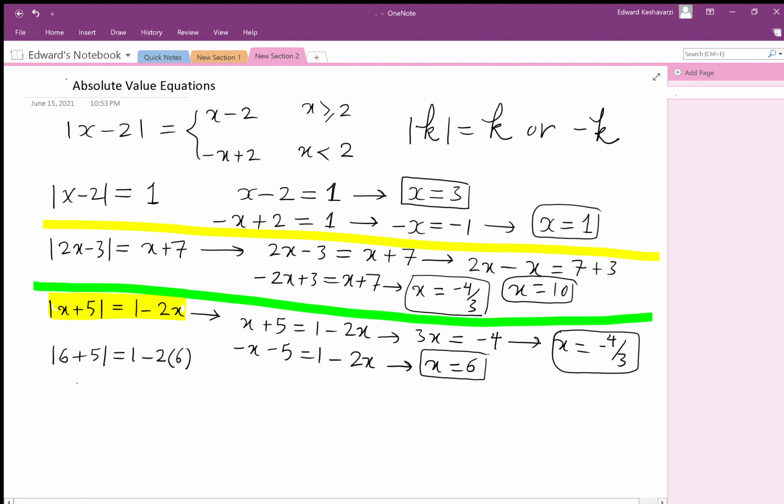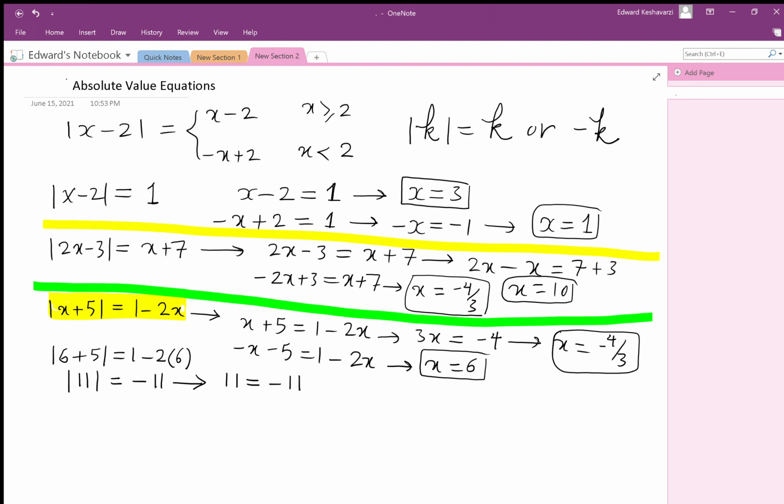The left side would be the absolute value of 11, and the right side is negative 11. Therefore, we get this, which is absolutely incorrect because 11 can't be equal to negative 11. Therefore, 6 is not a real solution.